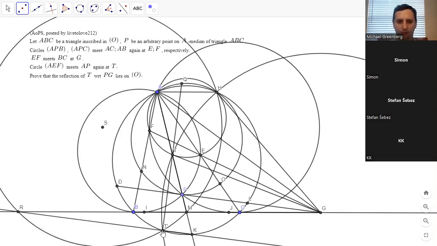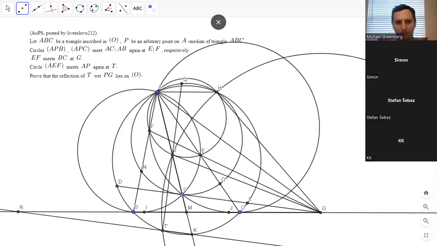No, I don't think this angle is more than 90 degrees. Yeah, it looks like we're pretty close.